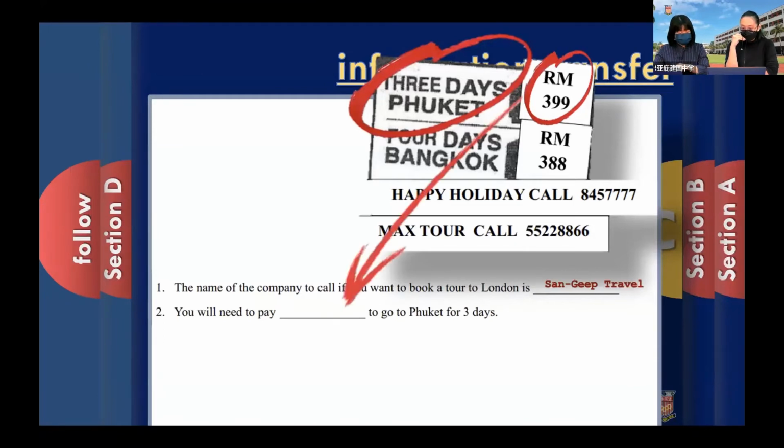So you would have to always remember to include the currency, which is the RM here given to you, because we might misunderstand that you are using another currency. All right. Okay. So thank you, Teacher Sharon. So students, are you clear? Okay. 399. Okay, must copy exactly what you see from the thing.